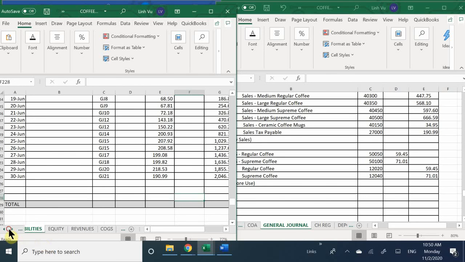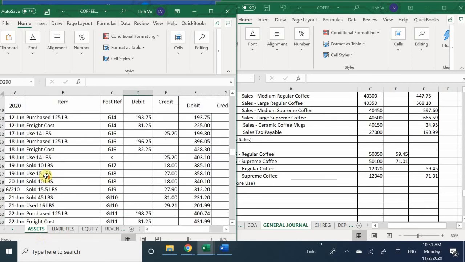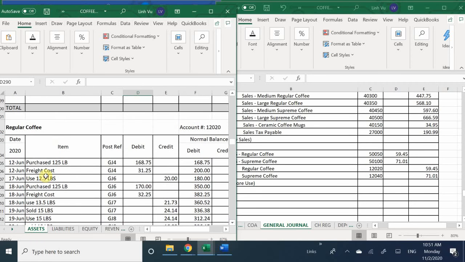Inventory, okay? And what is inventory? Our product. What type of account is inventory? Our assets, I'm sorry. It's our assets. Okay, so good. So here we already are in regular coffee.